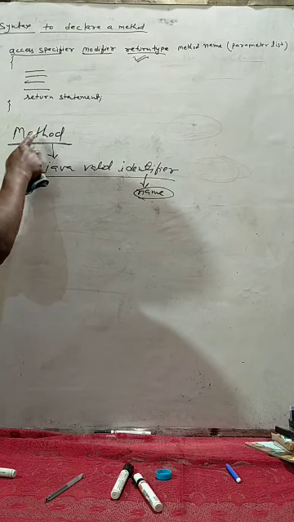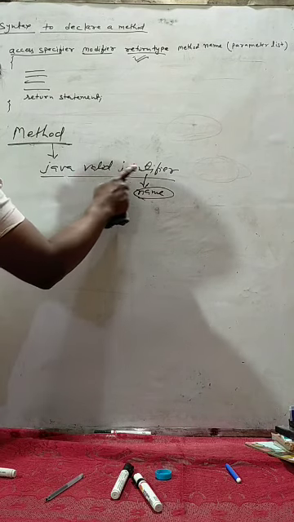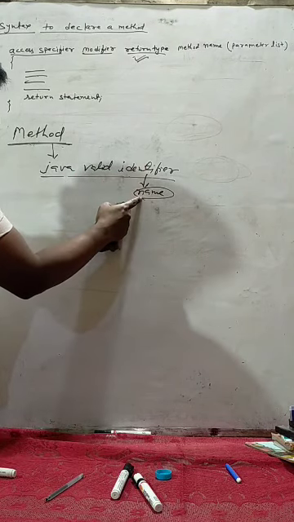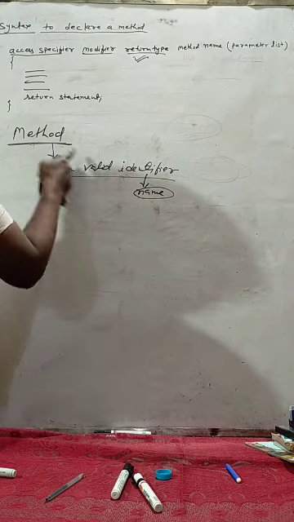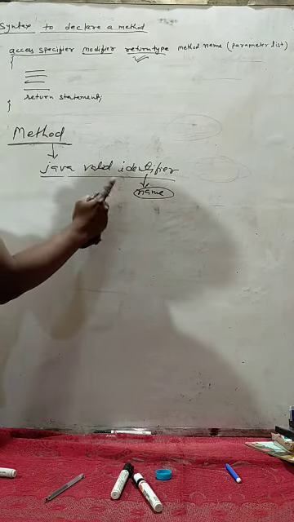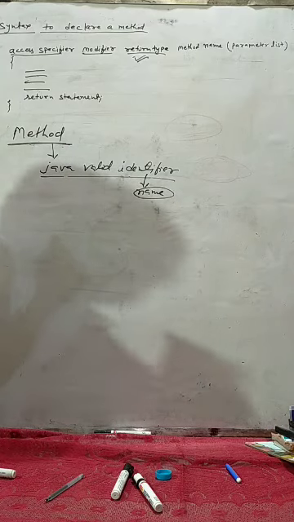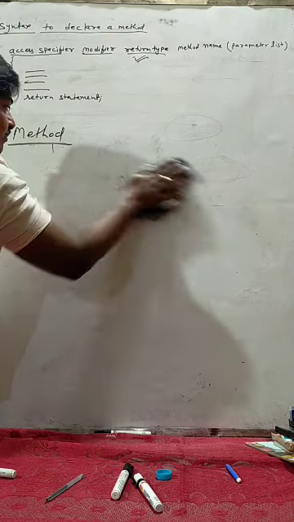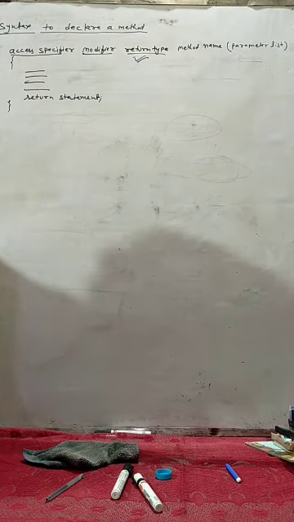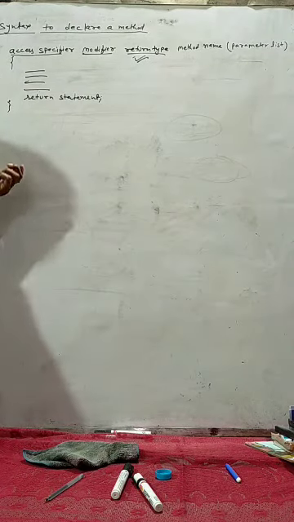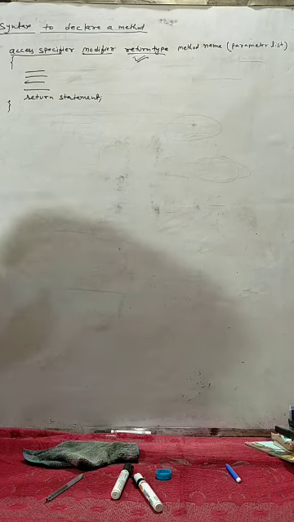First thing, a method name is a valid Java identifier. While writing the name of a method, we have to follow the rules of naming an identifier. But apart from these rules, there are some more conventions. A convention is a type of rule.